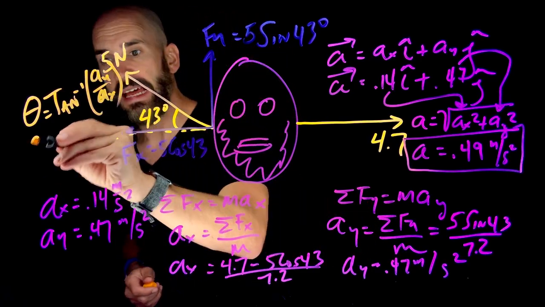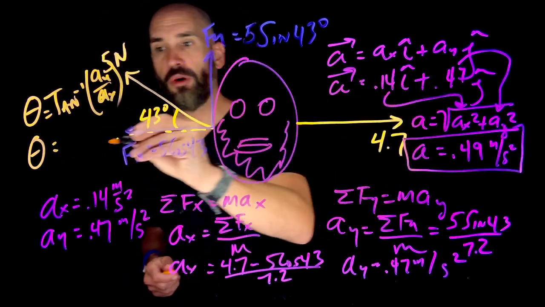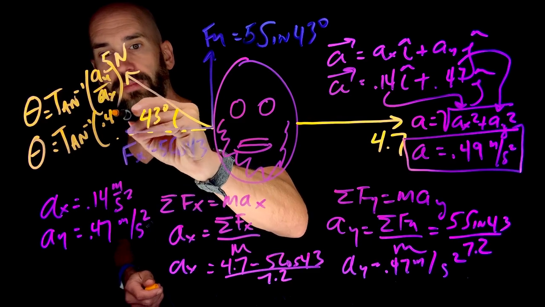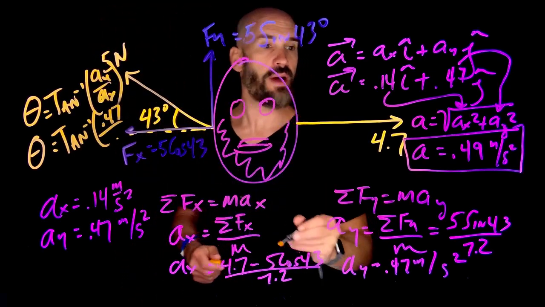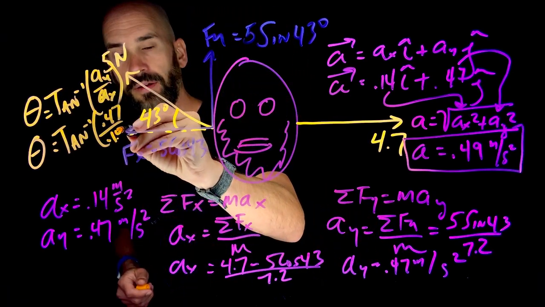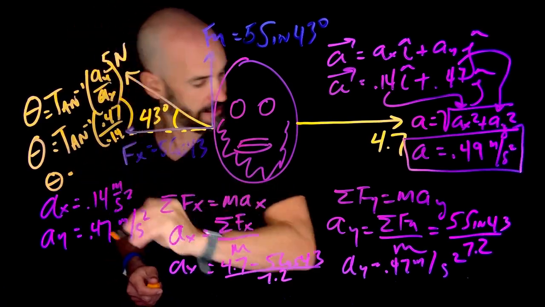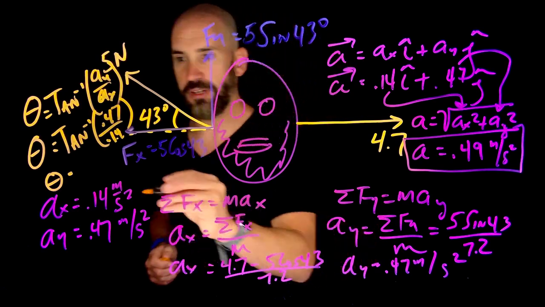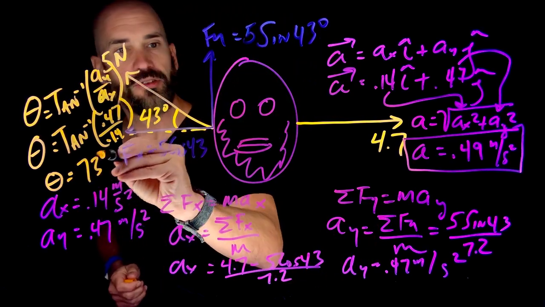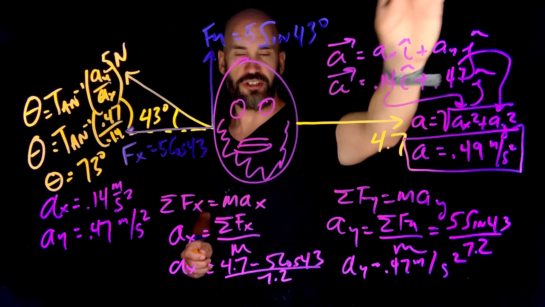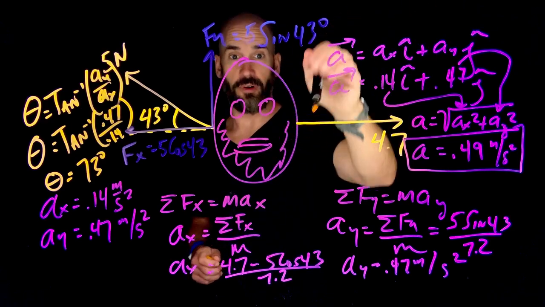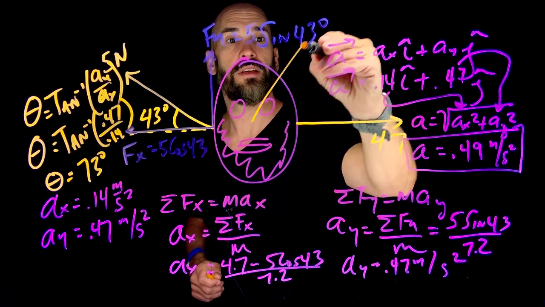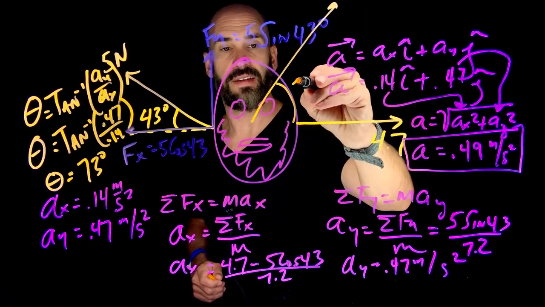In this case, the y component is 0.47, so it's tan inverse of 0.47 divided by 0.14, and I get an angle of 73 degrees. So this net acceleration of my head, which is in the same direction as the net force, is going to be somewhere up here where this angle is 73 degrees.